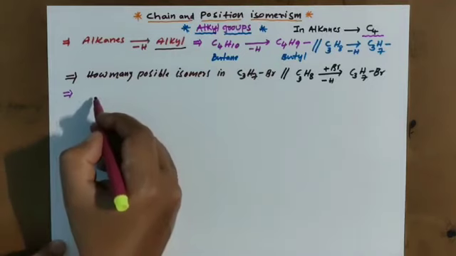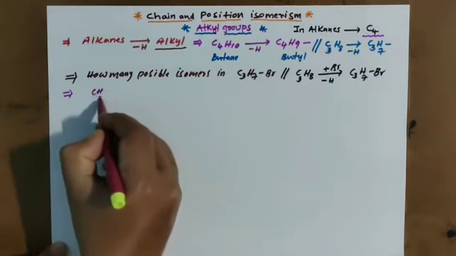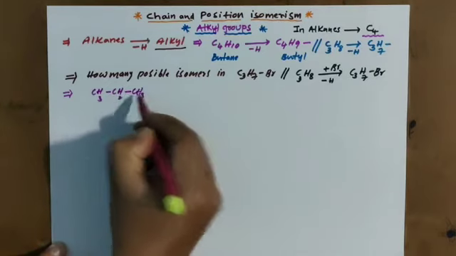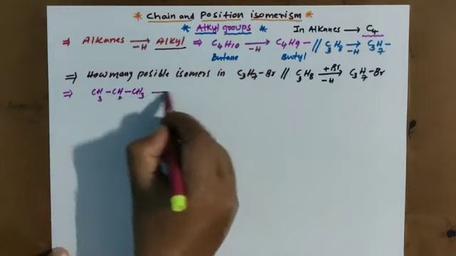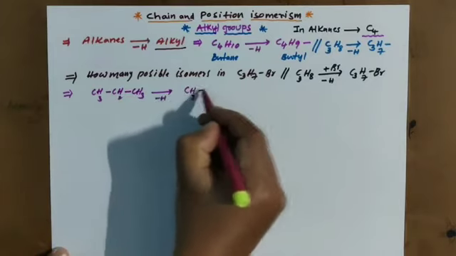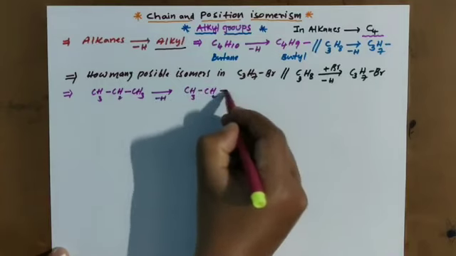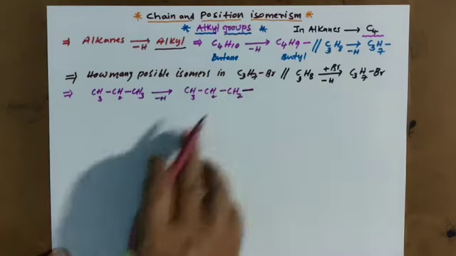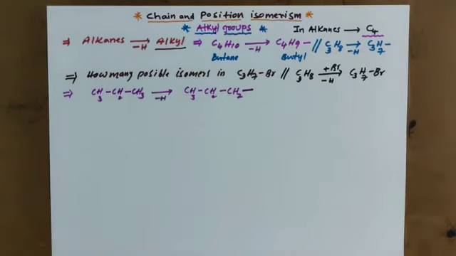I am writing now propane: CH3, CH2, CH3. This is propane. And we removed one hydrogen. We got the propyl group, CH2, CH2, with one vacancy here.